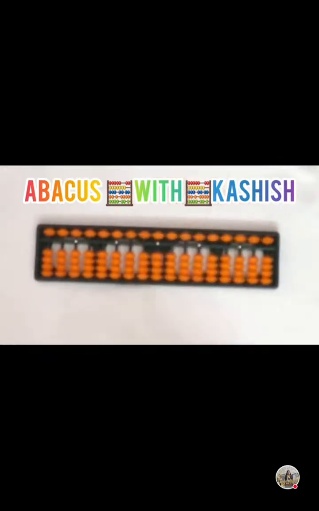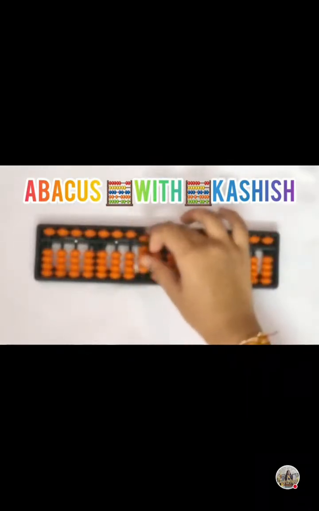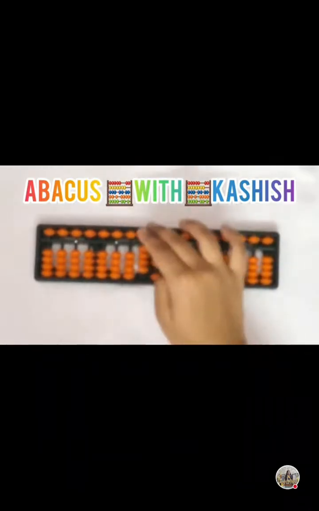And you can add numbers from 0 to 99 if you know the concept of this rod, because it is really easy to do. You just have to see the numbers. Like if I want to do 98, so 9 and then 8, 98, very easy.